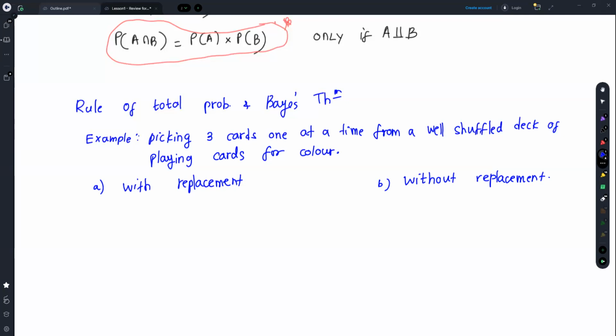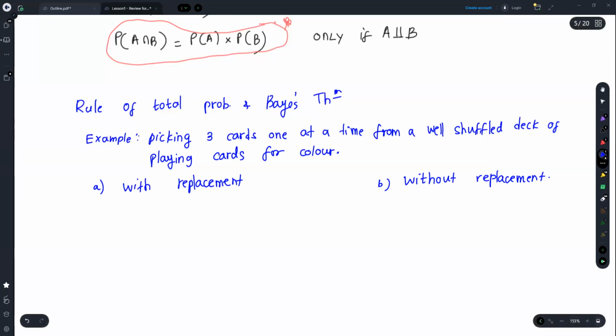Now tell me, if you think about the event of getting a black card with replacement and without replacement, in which case do you get independent events and in which case do you not? Okay, let's go to the with replacement.